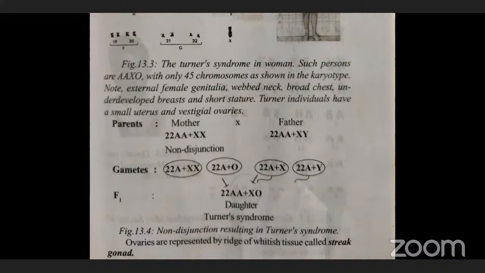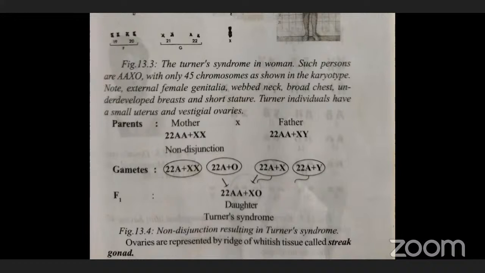Turner syndrome is also caused by the non-disjunction of the XX chromosomes. Kindly note it. When an abnormal egg without any X chromosome is fertilized by a sperm with an X chromosome, what will happen?